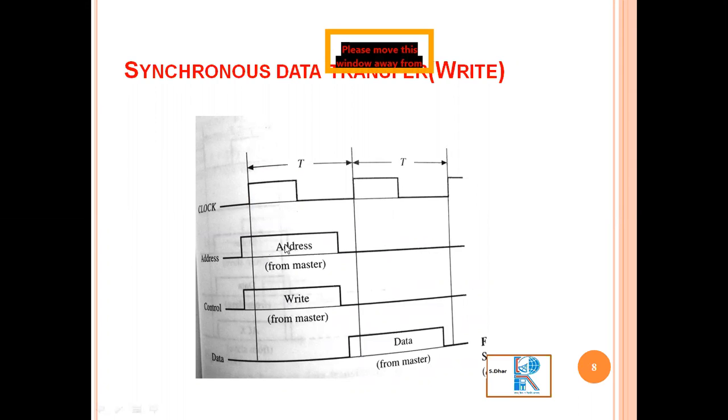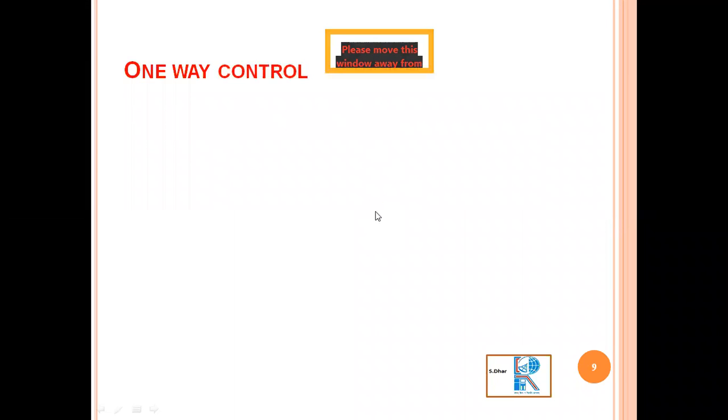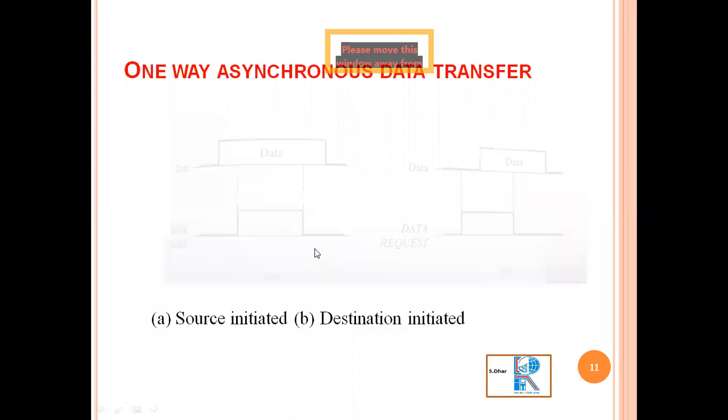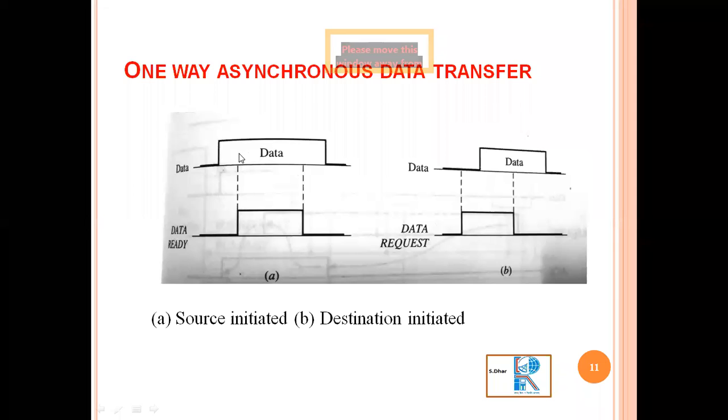Data and address are given in one time period, then the address and write operation in the next, and data is available in a later time period. So one clock is there. But here, in the case of asynchronous one-way data transfer, there is no clock. There is only this data and this control signal, whether the source is the master or the destination is the master, and this control signal is the data request.